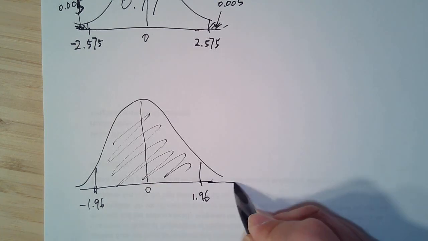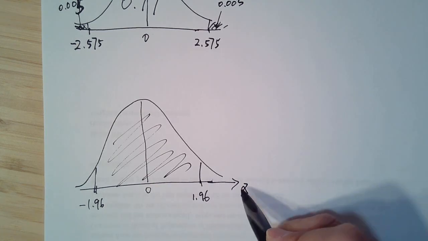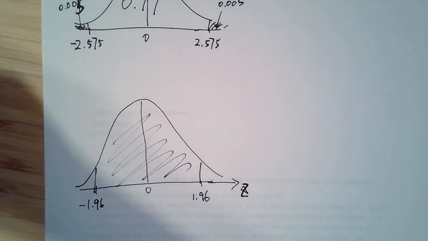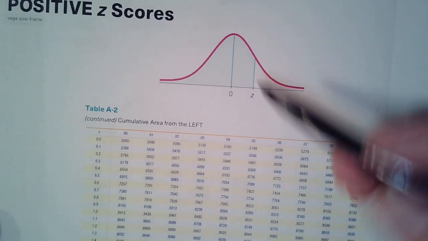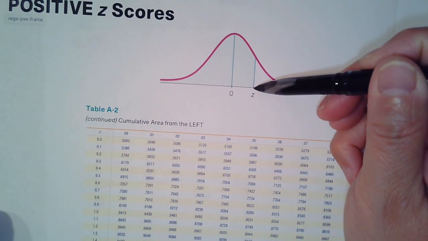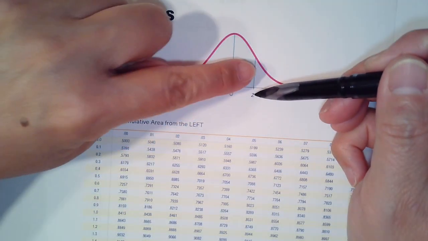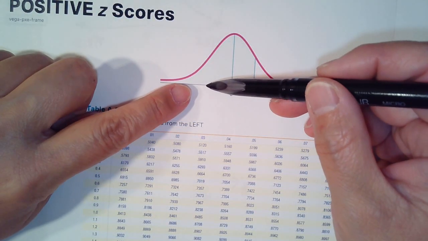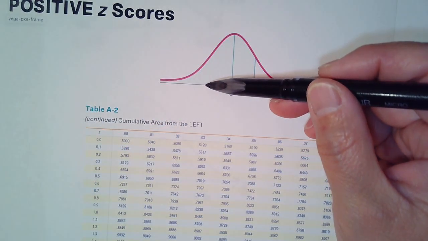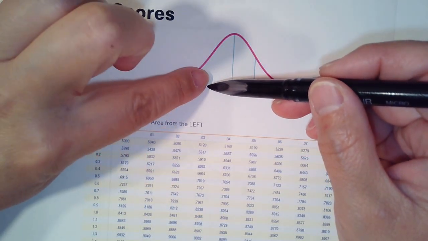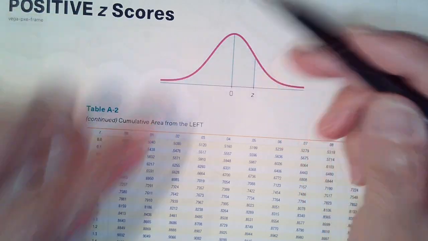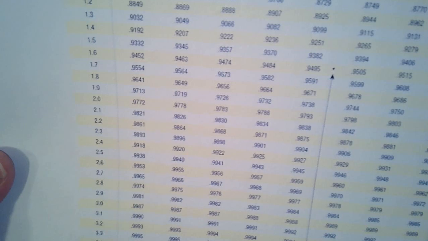All right, now this is good because this is a z, and 1.96, at least we know how to do that. We're going to use this table. We find when the z-score is 1.96, so we can find this blue area, and then we go to negative 1.96, we use the negative table, and then we get this tail area, and then we use this big blue minus the little blue. So let's look at 1.96.